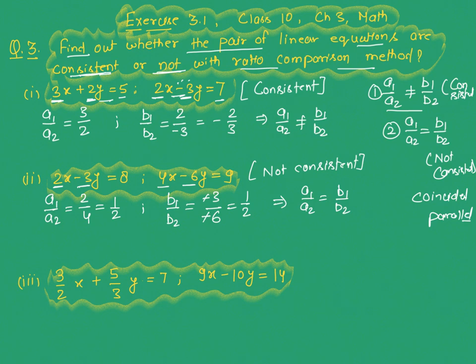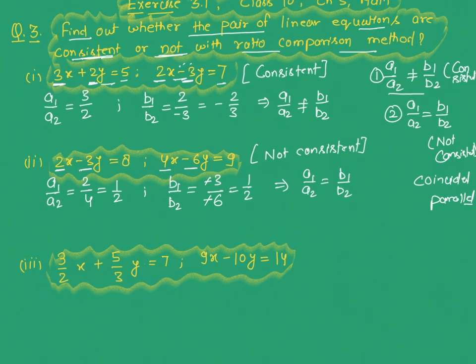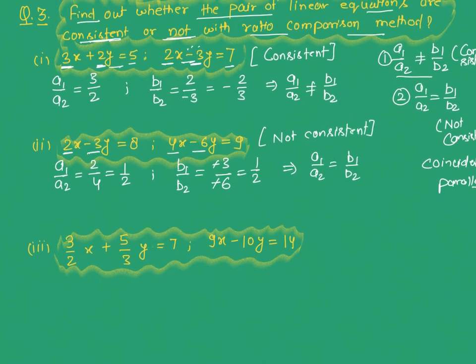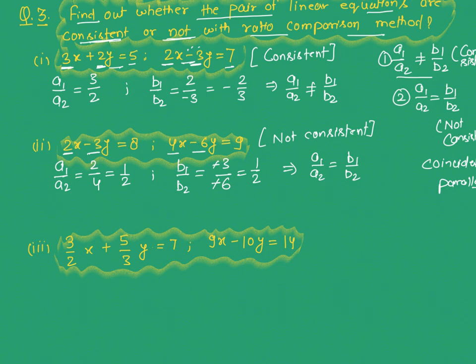Okay, now let's look at the third problem. So in the third question, these are not actually straightforward. So what you can do, you can actually go with the LCM method first. You can write it like 3 upon 2x plus 5 upon 3y.